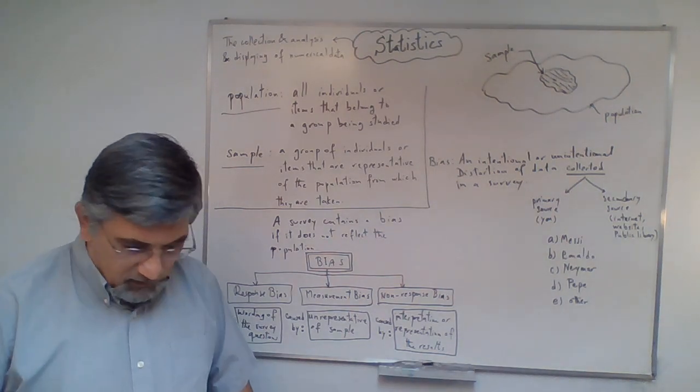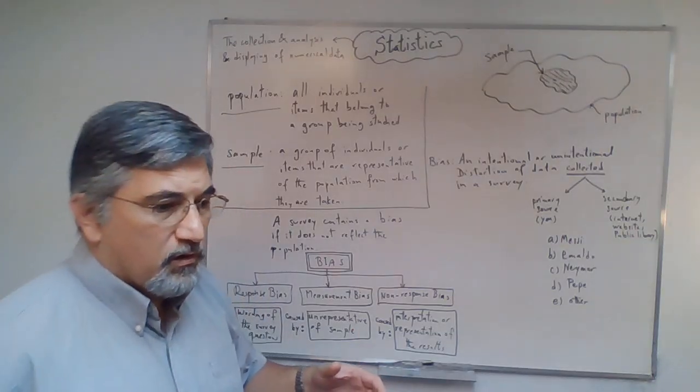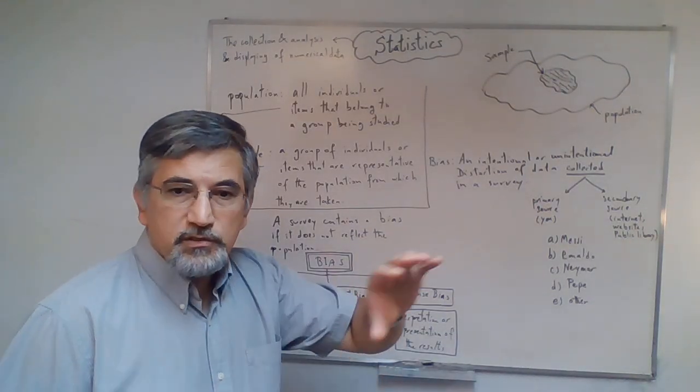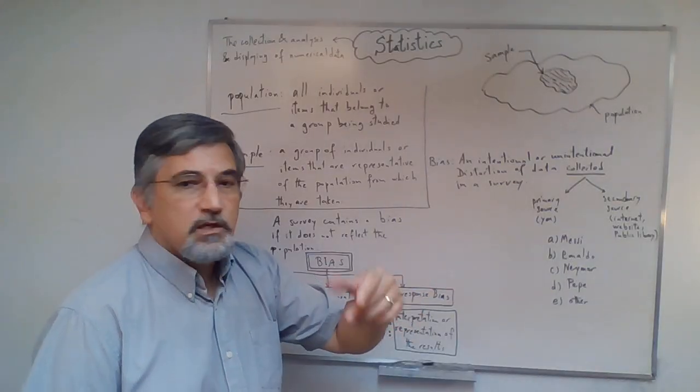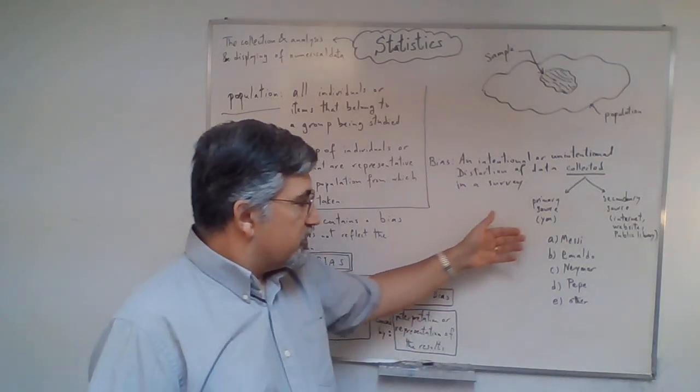Let's say you're asking about the best soccer player. Okay, so in a survey question, you're saying, who is your best soccer player, for example? That's the question. And then you give options.